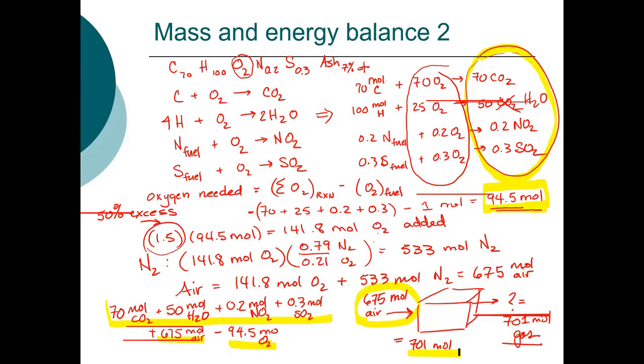So we're just doing essentially a mass balance on how much is formed, how much air enters the system, and then we're subtracting from that air how much oxygen reacted to form these compounds. Does that help?